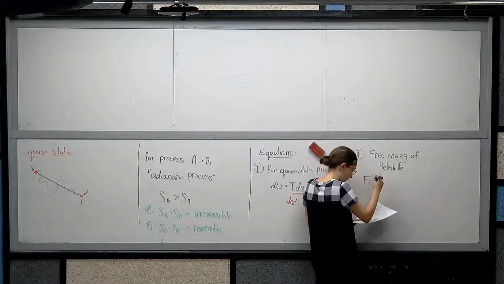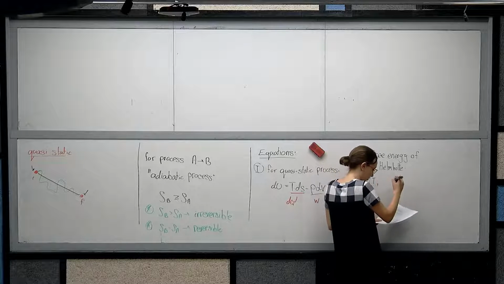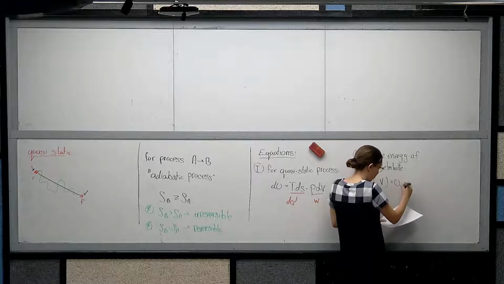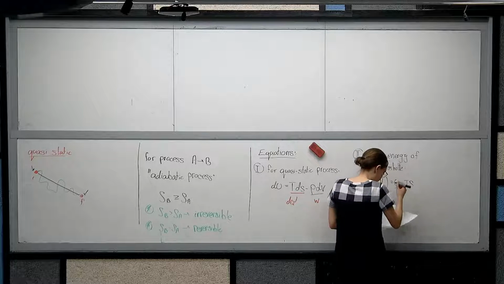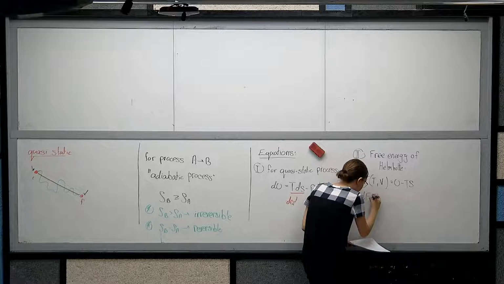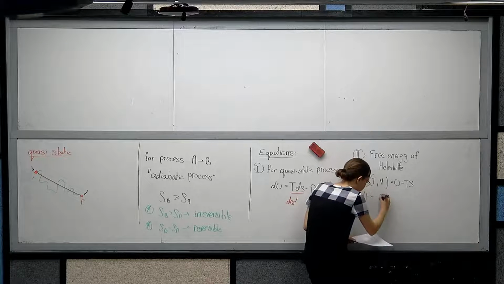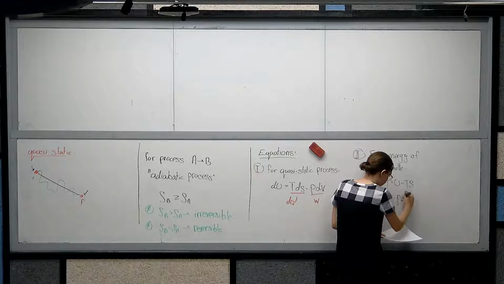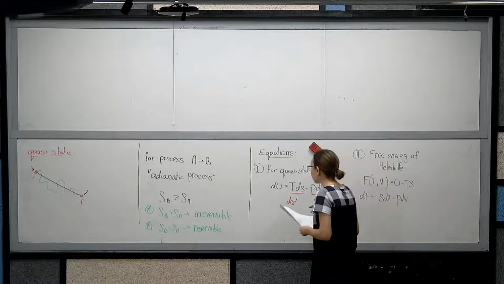So we write it as F, and its variables are the temperature and the volume, equals U minus TS, and its differential dF equals minus S dT minus PdV.